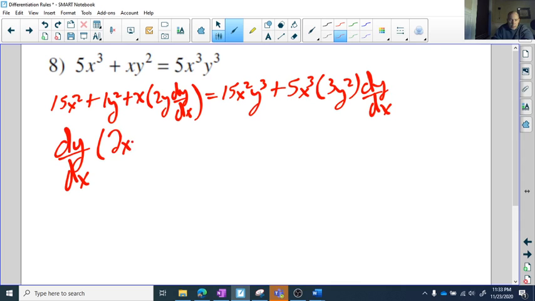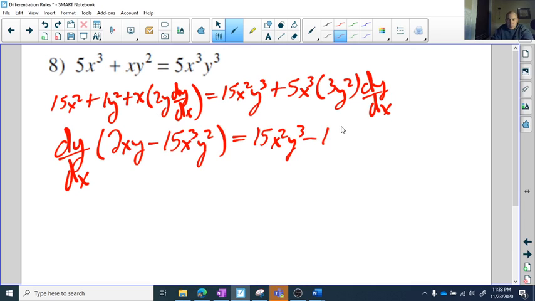So it's 2xy. I'm going to move this over and clean it up. So it's going to become minus 15 x cubed y squared. I'll be left with 15 x squared y cubed. These two are going to move to this side, minus 15x squared minus y squared.